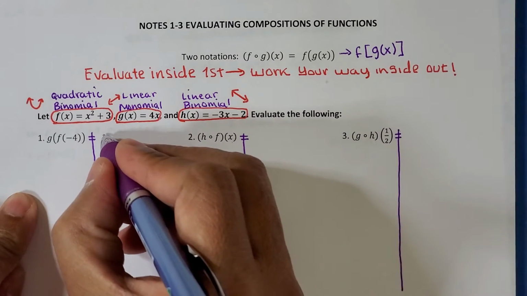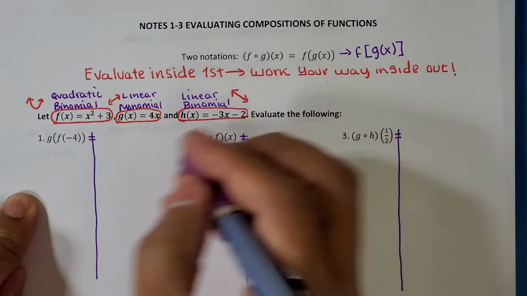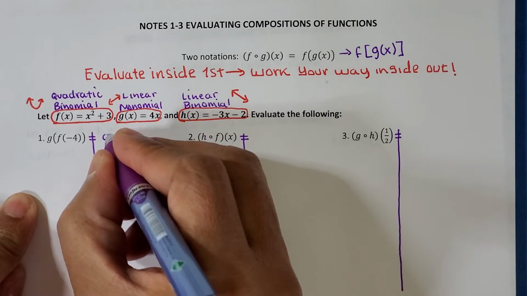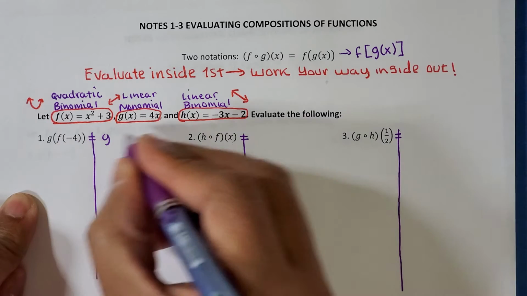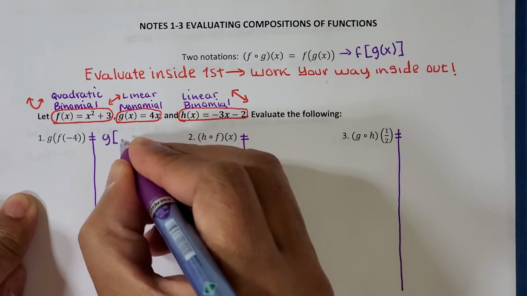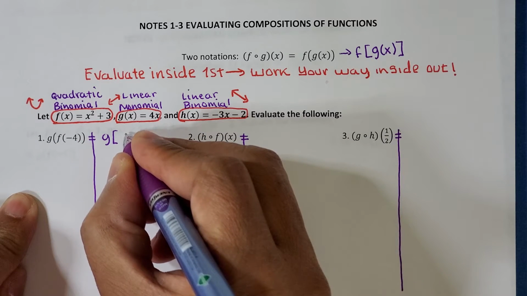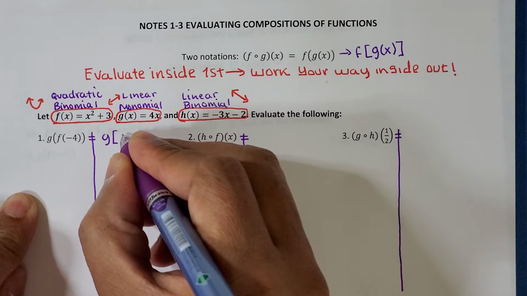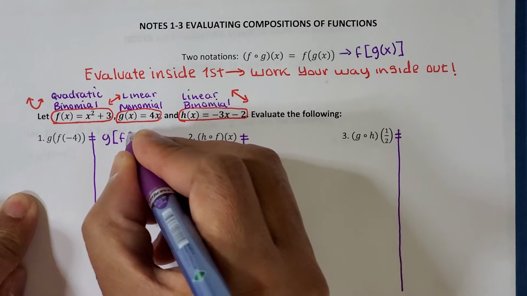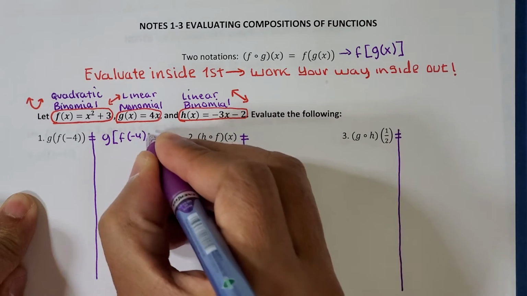So like I said, here I'm going to follow that with this problem here. I'm going to have g, because that's g, and then I'm going to use brackets, and then inside of the brackets I'm going to have f of -4.